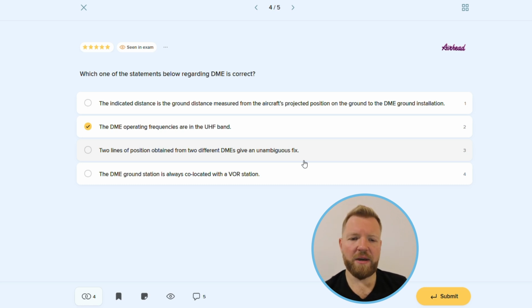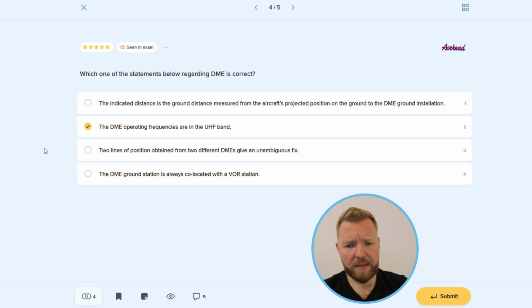If we have an indication that we are, let's say, 10 DME from the station, it means that we are somewhere on a circle within 10 nautical miles slant range from this DME, but it can be anywhere on that circle. Now, even if we had a second DME available for our position fixing, it would still create 2 possible fixes, since 2 position lines in the shape of a circle would have 2 intersections.